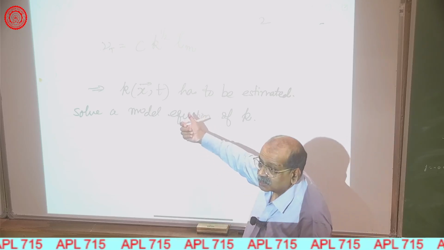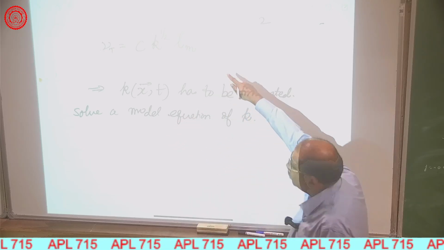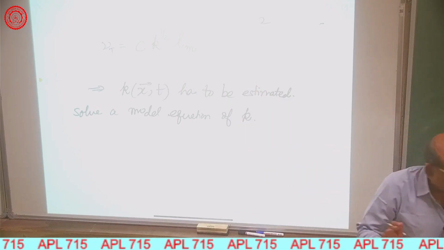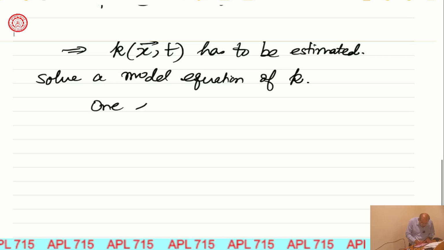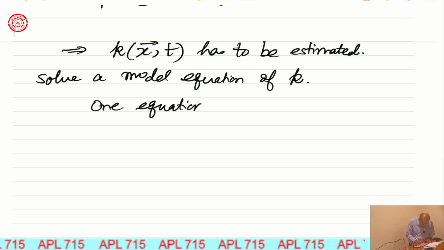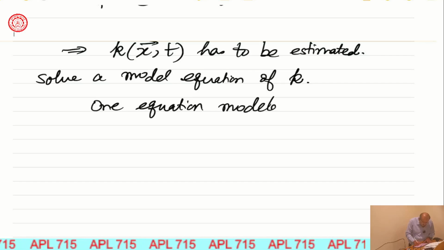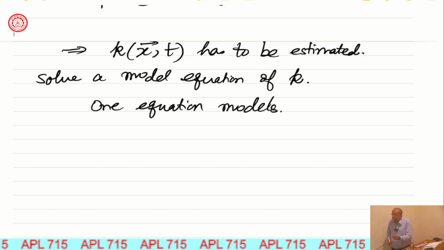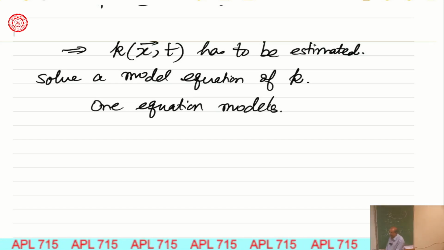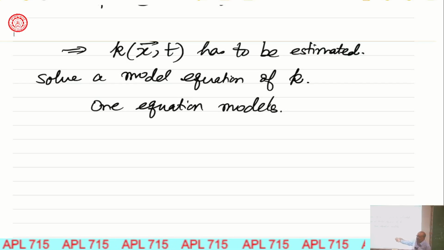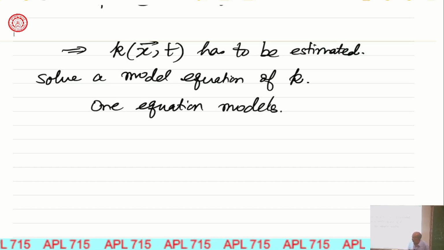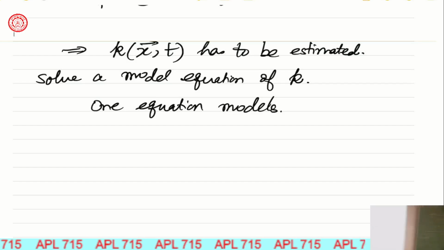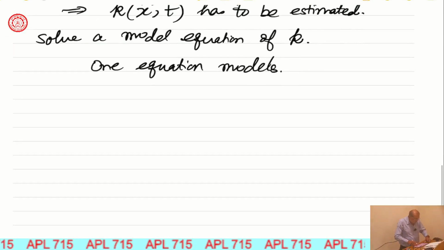Now a 5th equation has come in, K. Still we are assuming Lm has to be specified. So these are what we call one equation models. One means for turbulence you are introducing an extra equation which earlier was not there. So this is taken as the one equation model.